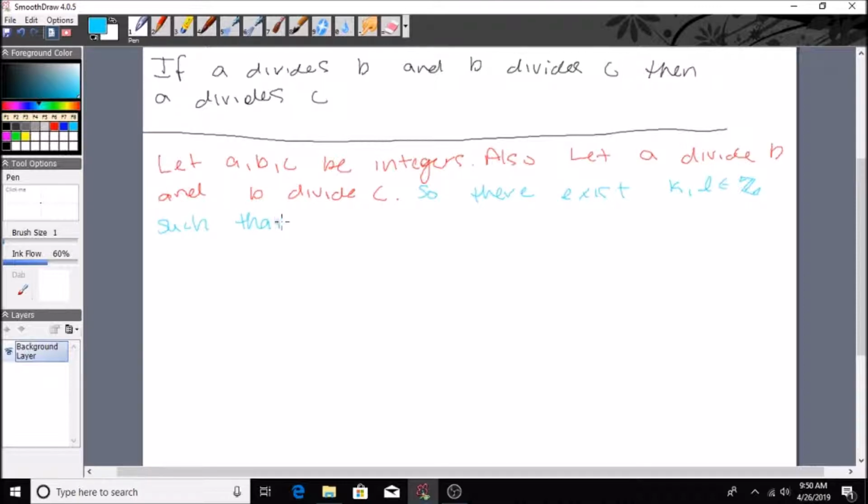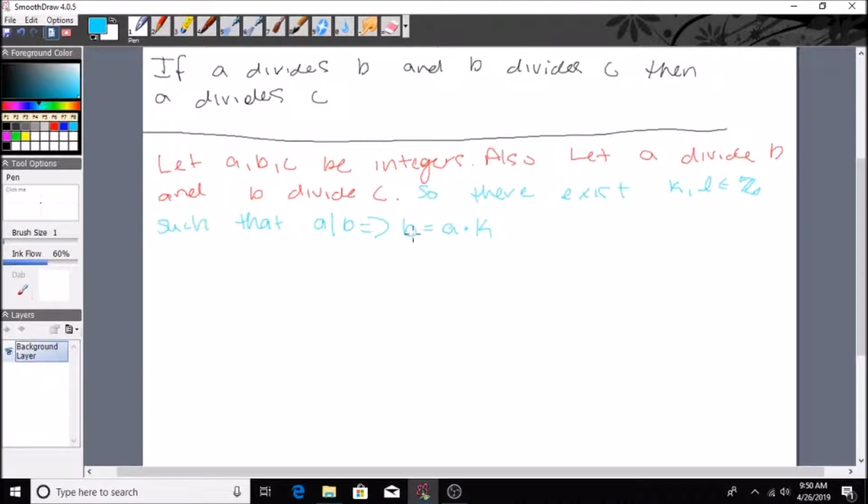So I'm going to say, such that: there exist K, L elements of the integers such that A divides B, that's how you read that, A divides B, with a bar, implies B is equal to A times some K. That makes sense.